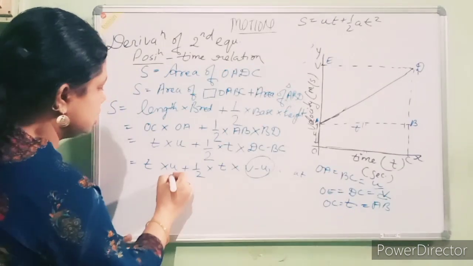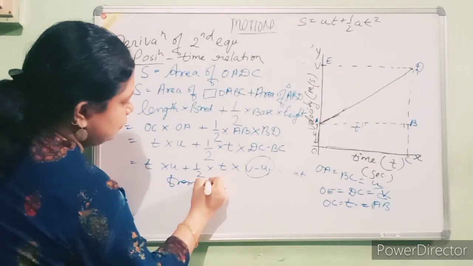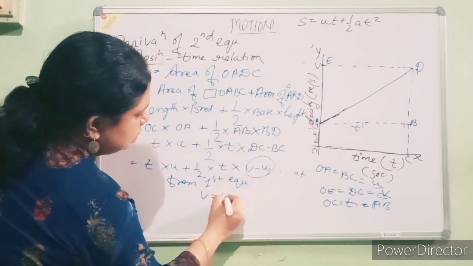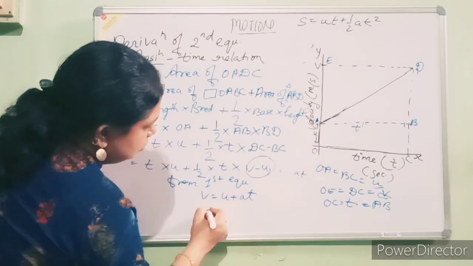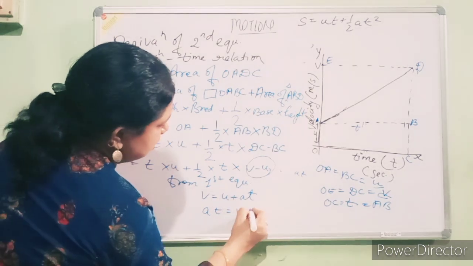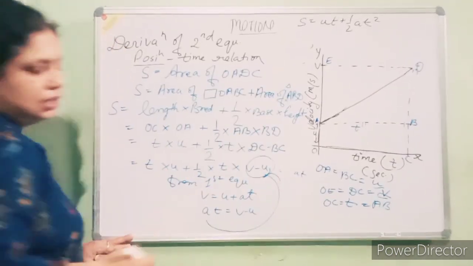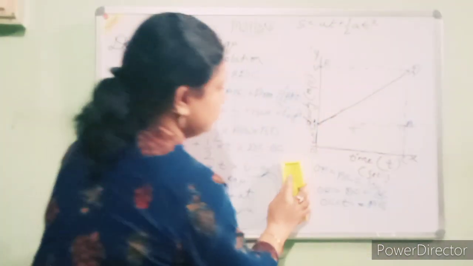How? From the first equation of motion, V is equal to U plus AT, so AT is equal to V minus U. Now this AT value we will put here.